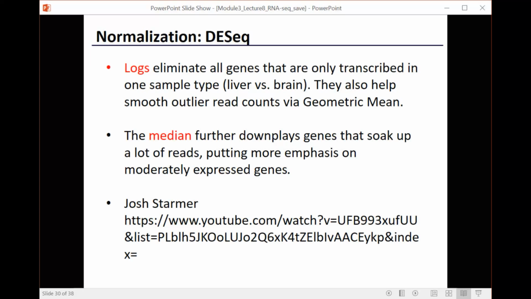This one considers the different library compositions, as I showed in the third normalization example. It uses logs and the median to consider only those genes that are moderately expressed in all the samples. If you want to look at the details of this normalization method, I strongly recommend you look at Josh Starmer's videos on YouTube.